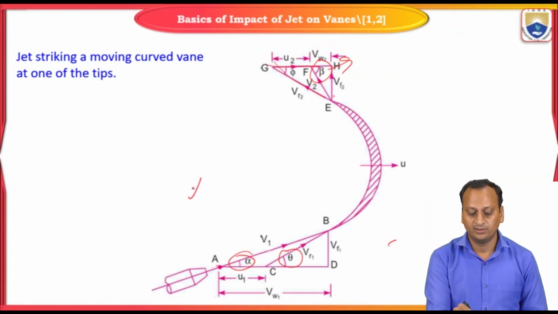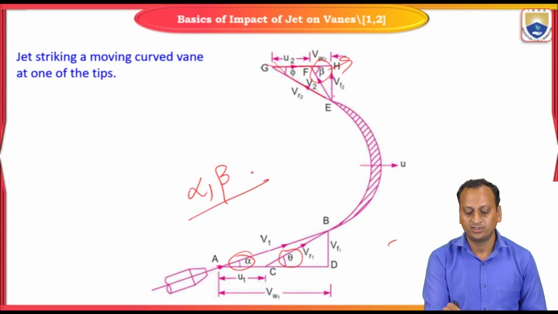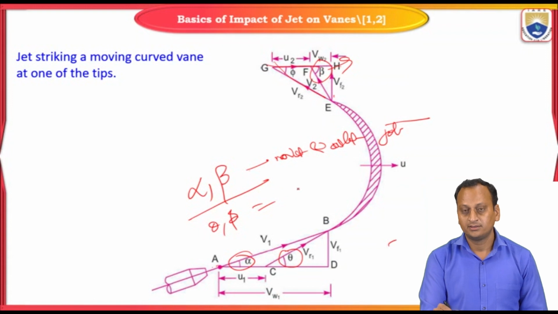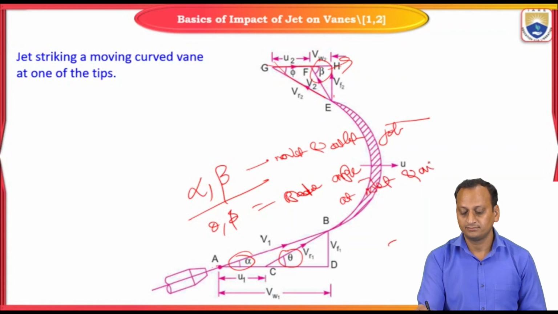Alpha and beta are the inlet and outlet jet angles. Similarly, theta and phi are blade angles at inlet and outlet.